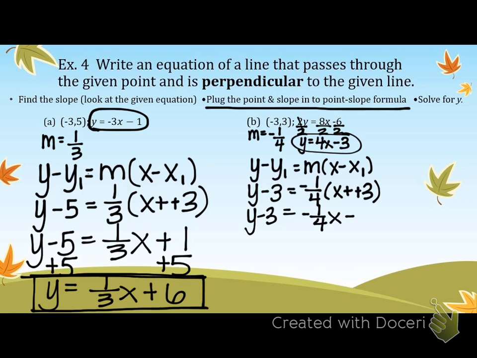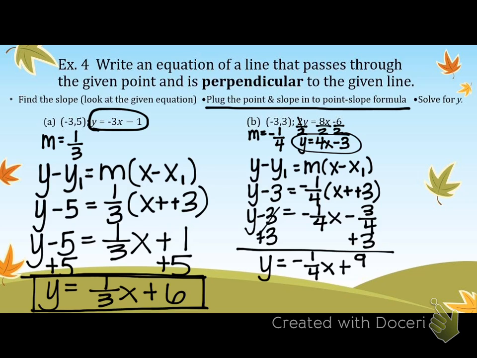Negative 1/4 times 3 is negative 3/4. Okay. Now, Michael, what would you have done to finish the problem? Add 3. Again, please don't forget to add 3 to its like term. So y equals negative 1/4 x. And what did you get when you did negative 3/4 plus 3? Positive 9/4.